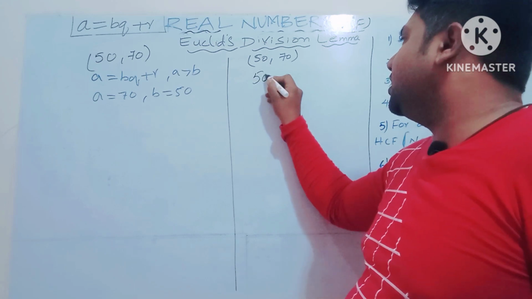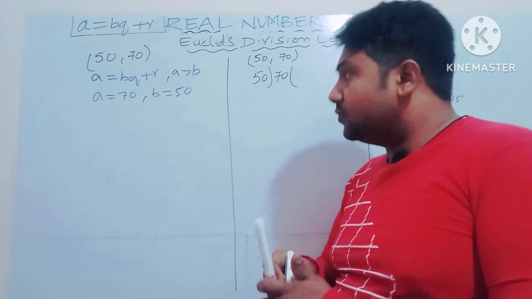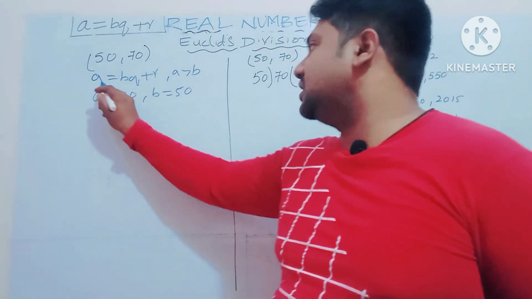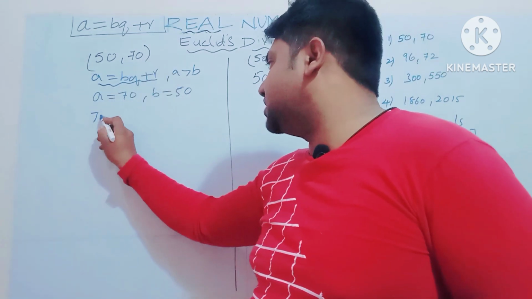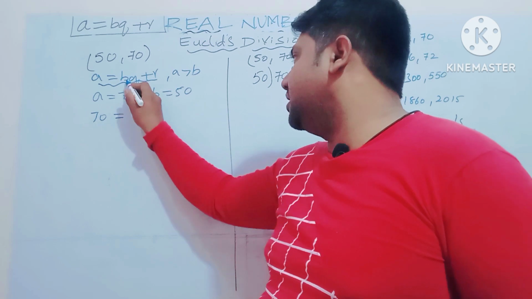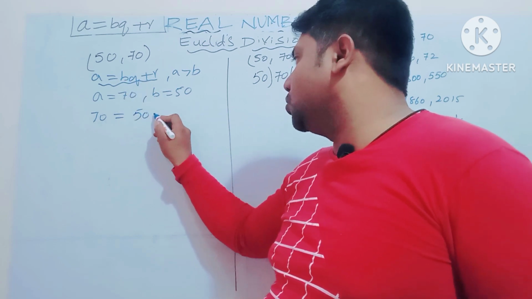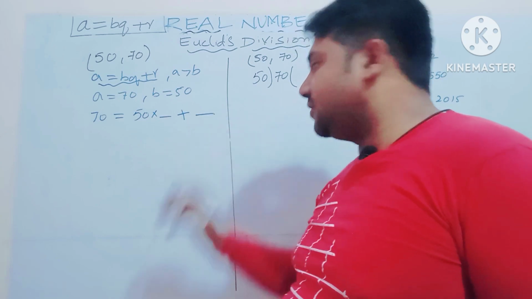So 50 divides 70. Now for A is equal to BQ plus R, I can take 70 is equal to 50 into something, then again plus something.